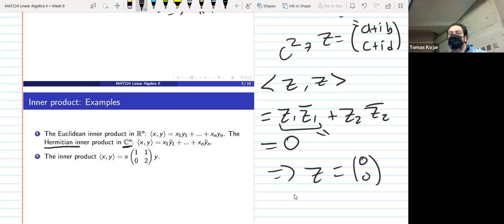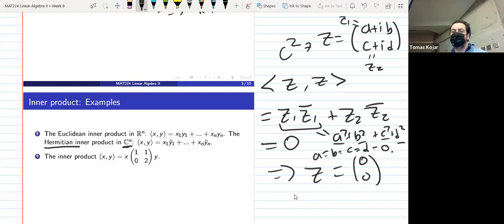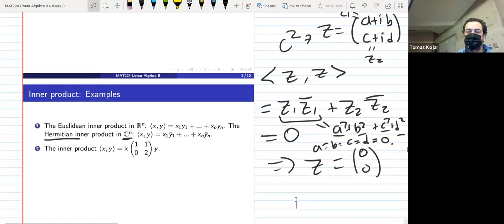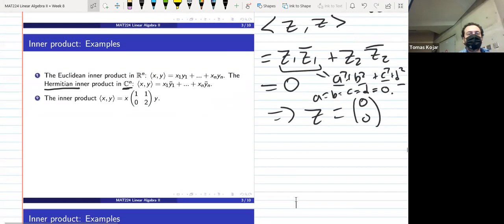So this is Z1 and this is Z2. Right, so this is a squared plus b squared, then c squared plus d squared. And if you set this to be 0, each of them needs to be 0. So a is equal to b is equal to c is equal to d is equal to 0. All right, so you have positive definite.